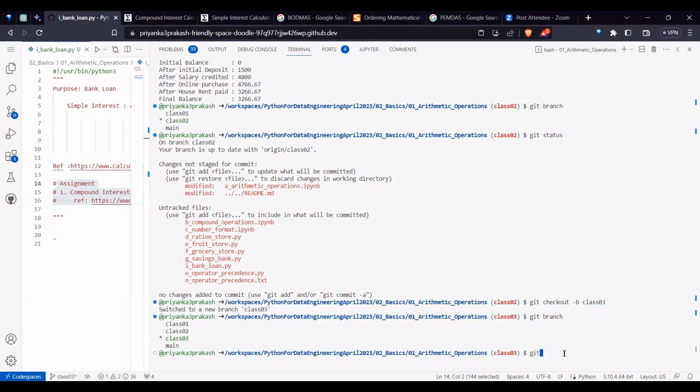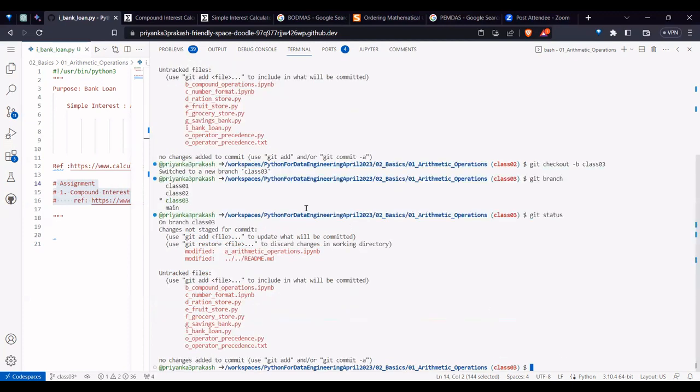So now if I do git status, again the same thing happens. The local changes are with you only. Where you want to push, it's up to you. In my code, I want to push all my changes. How do I push a change? After creating a branch and checking out, you can add this file. If you want to individually add a file, we can say git add and the file.